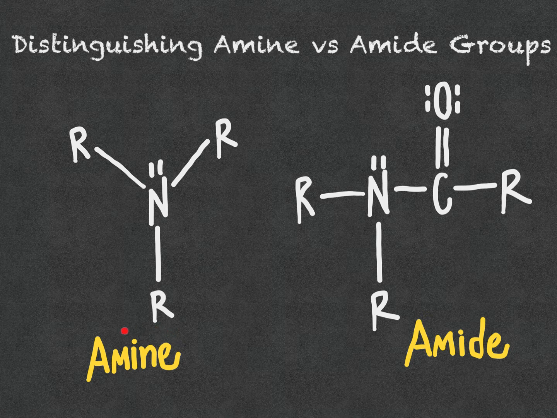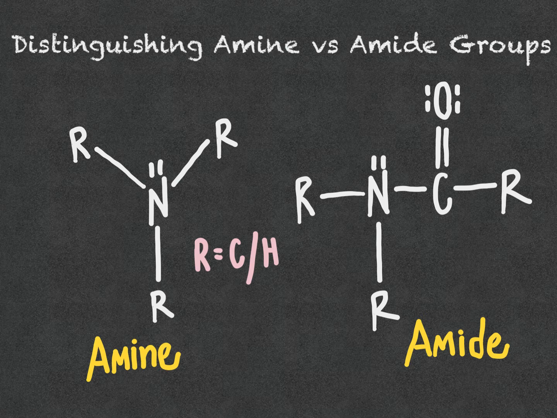The amine group is recognized as a nitrogen atom that is bonded to carbons or hydrogens. The R group here represents some combination of carbons and hydrogens. It could be 2 hydrogens and 1 carbon. It could be 2 carbons and 1 hydrogen, or it could be 3 carbon atoms. It doesn't matter for the molecule to be classified as an amine.